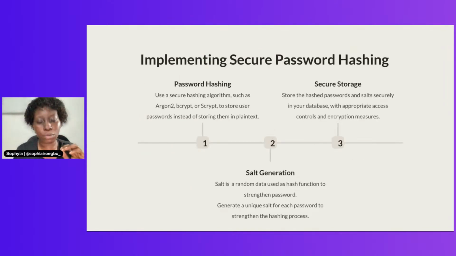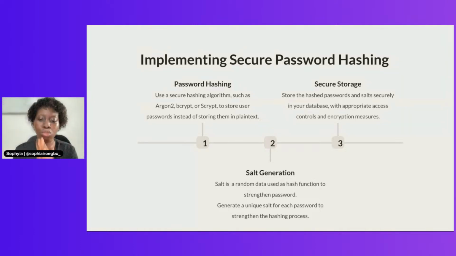Now let's talk about some ways on how to securely hash a password. First off, use a secure hashing algorithm. In Python, we have Argon2, Bcrypt, Scrypt, and lots more. So ensure that you use an algorithm or a function to add data, or to salt that password.